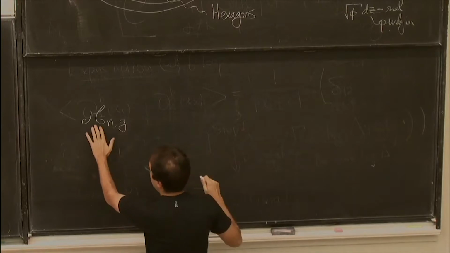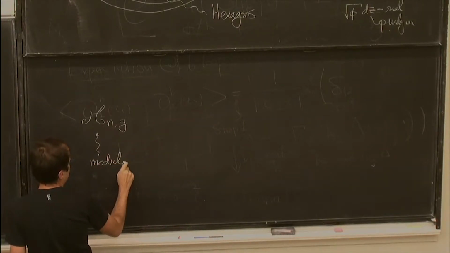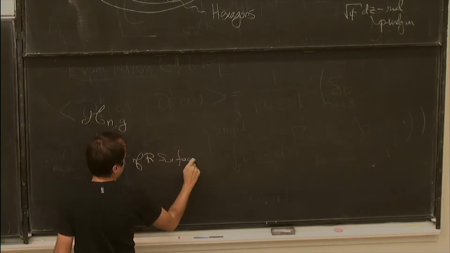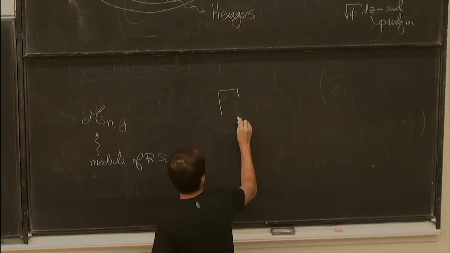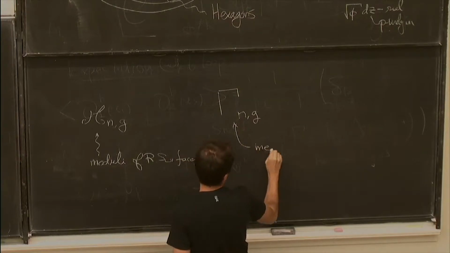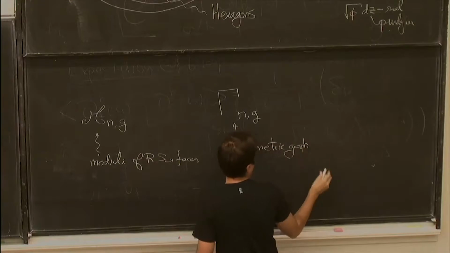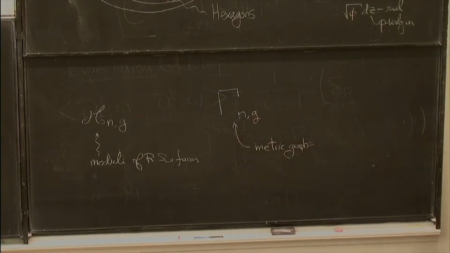So this would be the moduli of Riemann surfaces. And now here, let's write an equation. This would be the set of metric graphs of this genus and this number of punctures.